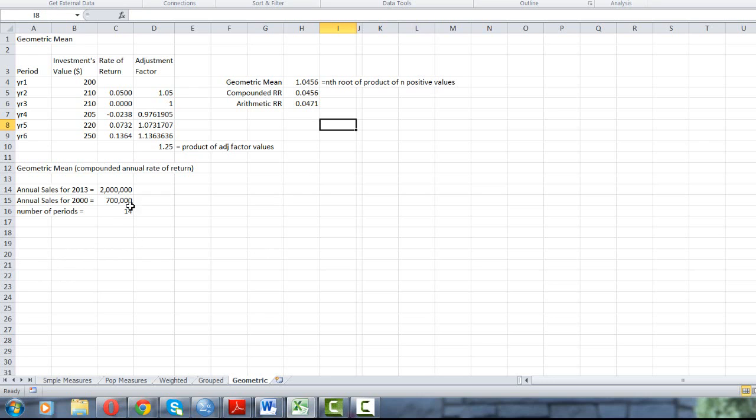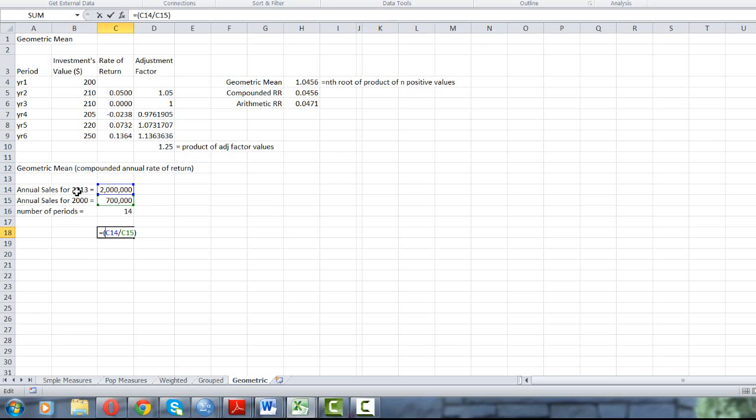One last way of calculating geometric mean is to take the end value. So say we had an investment worth $2 million. Divide it by the beginning investment value. Take the nth root of that. So there are 14 periods.